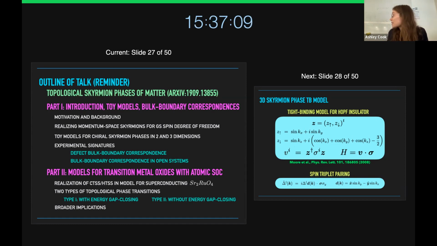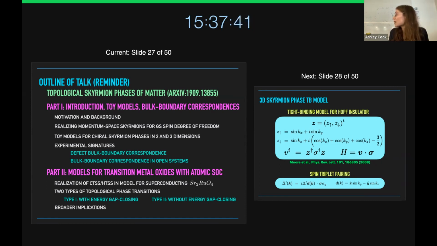And then I'll be able to tell you about 2 different kinds of topological phase transitions that occur for these Skyrmion phases, because they actually occur for this tight binding model of strontium ruthenate. Maybe I got a little too into it in the first part, to get people interested in the second part, but I was telling you a lot about the fact that the type 1 topological phase transition is what we expect, what is standard for effectively non-interacting systems.